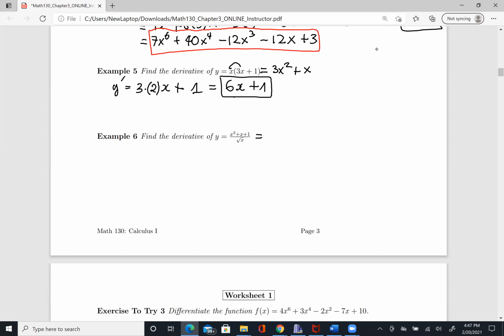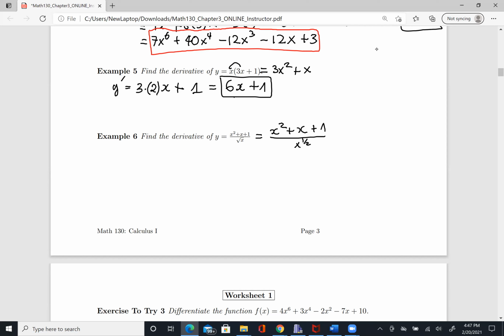Okay, let's firstly convert it to x squared plus x plus 1 divided by, what is this? The square root of x is going to be x power 1/2. Okay, now what?